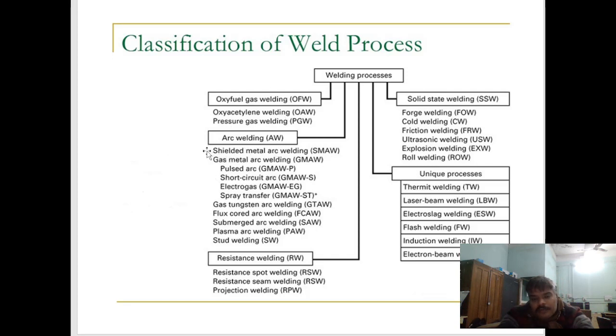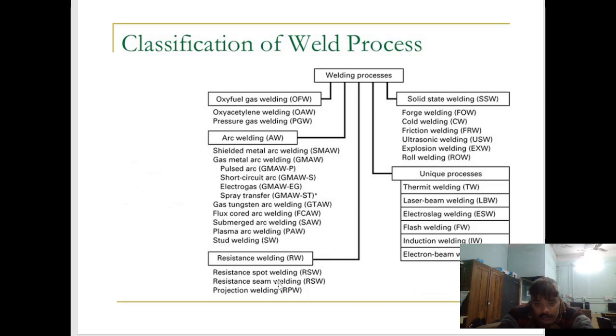The types of arc welding: shielded metal arc welding, which is also known as SMAW in short form; gas metal arc welding, GMAW; pulse arc, short circuit arc, electroglass spray transfer, gas tungsten arc welding, flux core arc welding, submerged arc welding, plasma arc welding, stud welding.